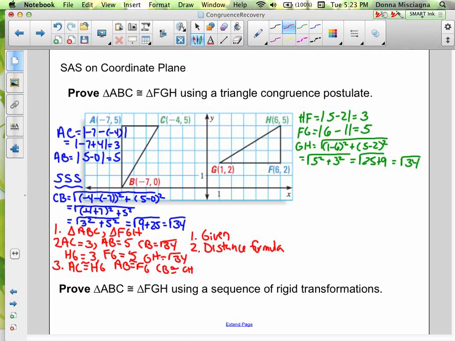And the reason we know that is congruent figures have the same measure. Same measure.